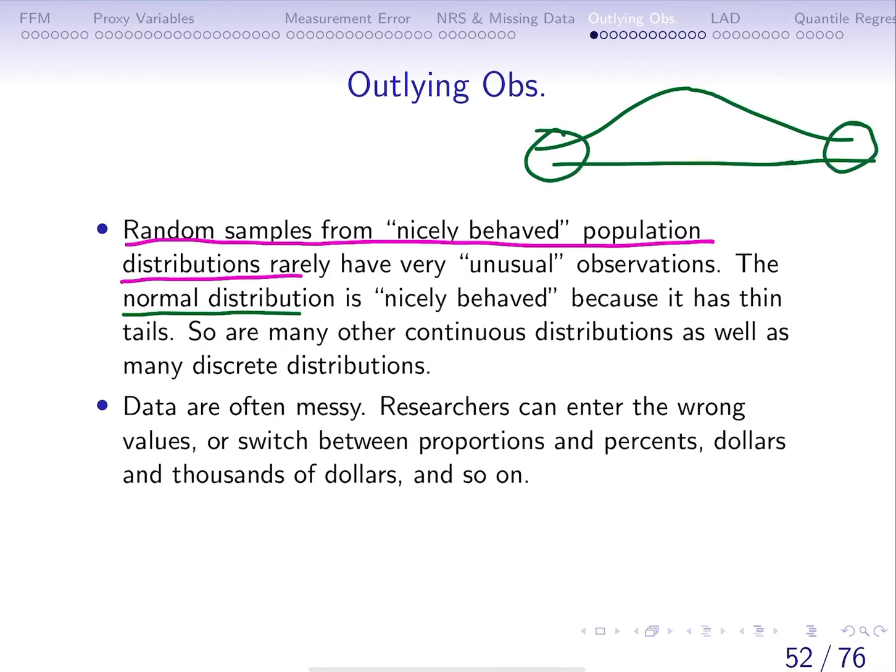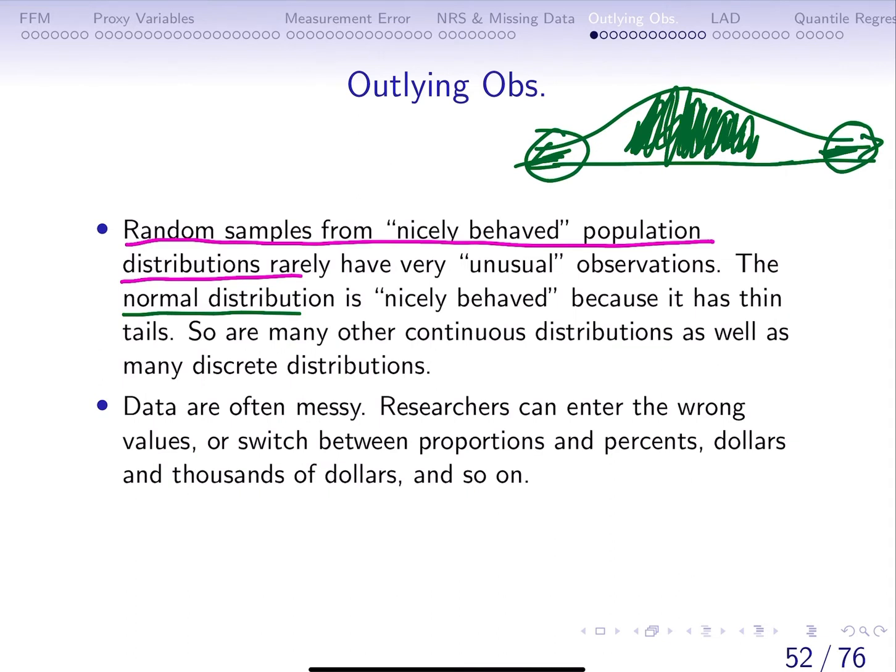There are not a lot of observations with extreme values. Most of the area under the curve, most of the values, are right here. Very few are taking these extreme values.